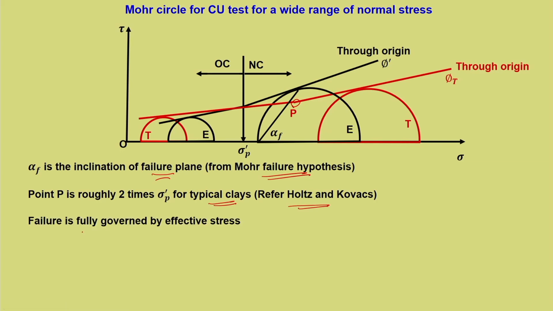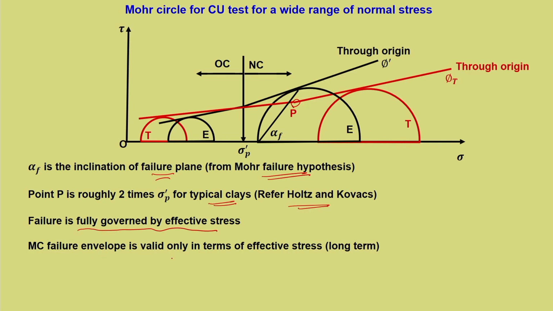Now, I am telling this again, and I am intentionally repeating these statements so that it is pretty clear as to what we tend to understand. And this understanding is important for accumulating your further understanding. So, failure is fully governed by effective stress. MC failure envelope is valid only in terms of effective stress, that is long term.